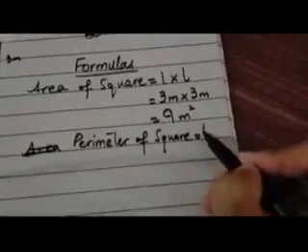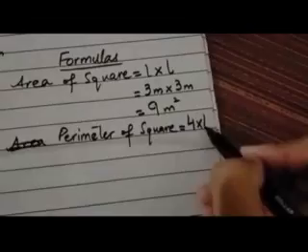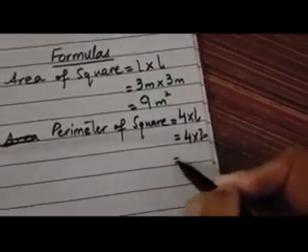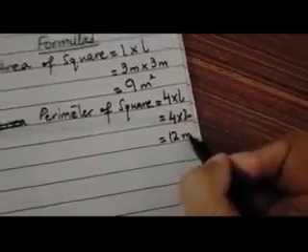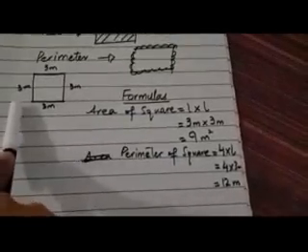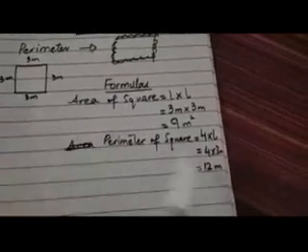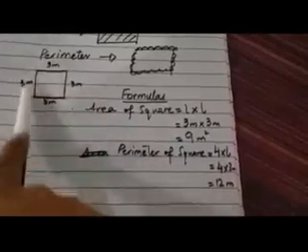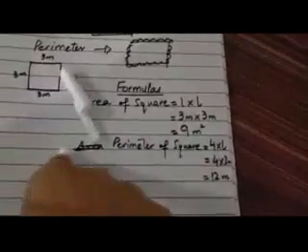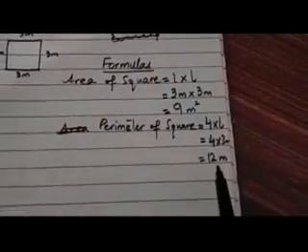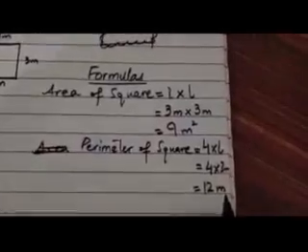That's why you will multiply the 4 with one side, and 4 into 3 meter is equal to 12 meter. If you add 3 plus 3 plus 3 plus 3, this will also be equal to 12 meter. And if you multiply 3 by 4, because there are 4 sides, you will also get your perimeter of the square, that is 12 meter.